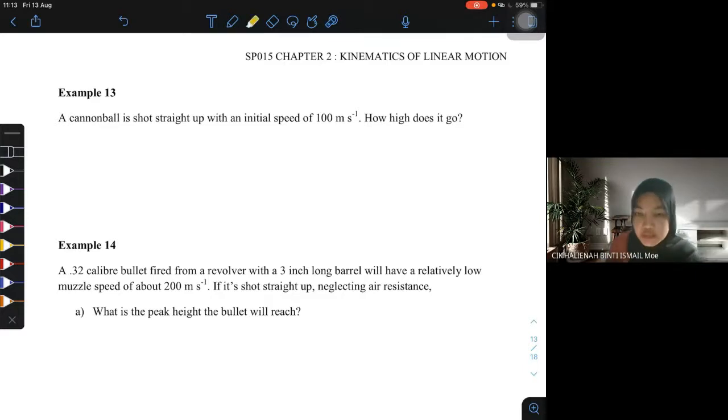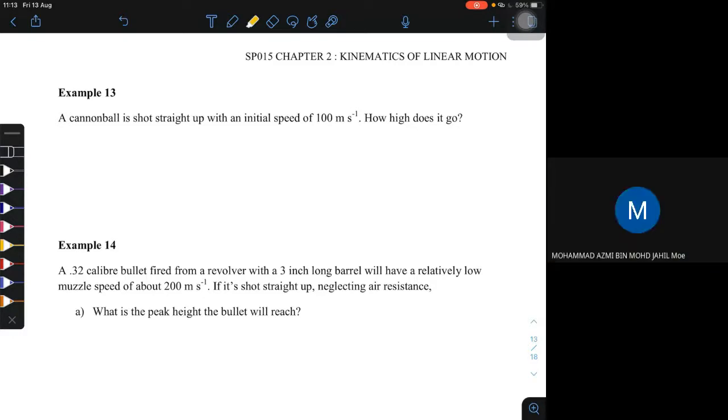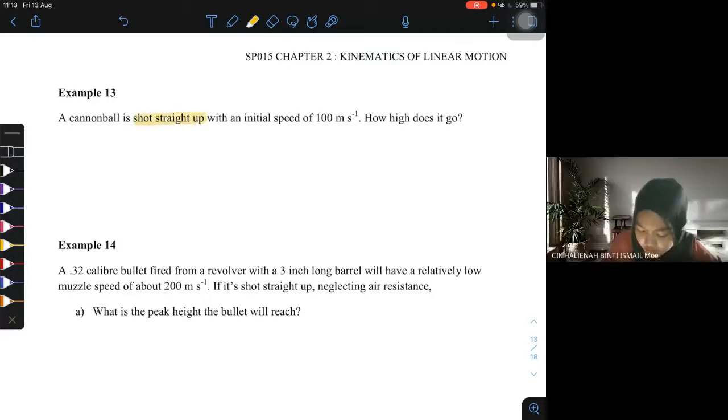Okay, so this one which category? Vertical. Free fall. Okay, vertical ataupun free fall. So dia cakap dekat sini shot straight up. So it is free fall ataupun vertical, benda yang sama. And then we are given here the initial speed, the value for U, 100 meter per second.